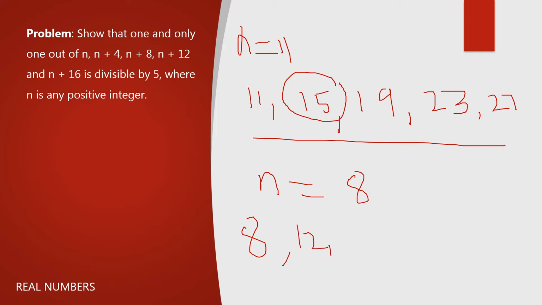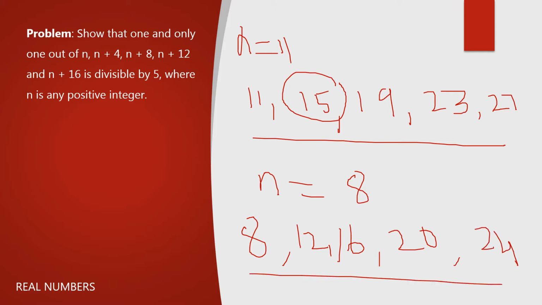The third number, n plus 8, is 8 plus 8, that is 16. The fourth number, n plus 12, is 8 plus 12, that is 20. The last number, n plus 16, is 8 plus 16, that is 24. Among these 5 numbers, only 20 is divisible by 5, whereas the remaining 4 are not divisible by 5.